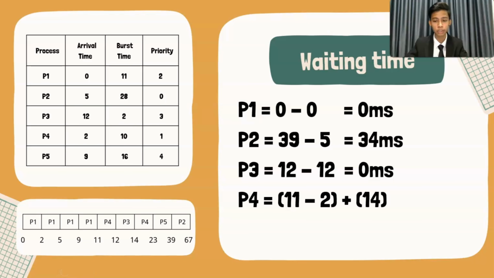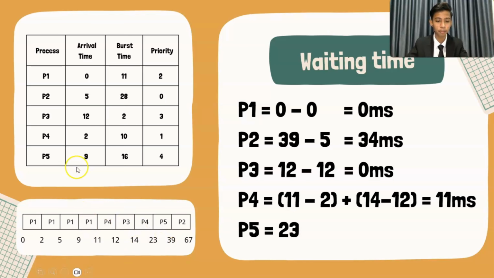Next, we take the start time of the next P4, which is 14, and subtract the ending time of the last P4, which is 12. Therefore, we get 11 milliseconds altogether. Then for P5, which has a start time of 23, we subtract its arrival time of 9. Therefore, we get 14 milliseconds.